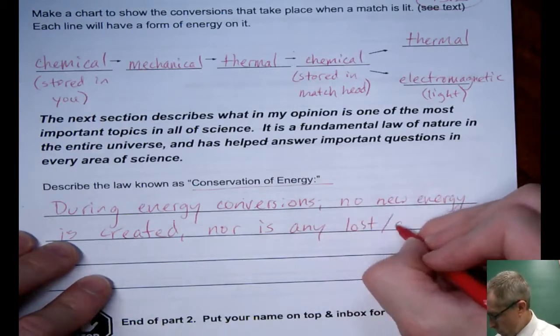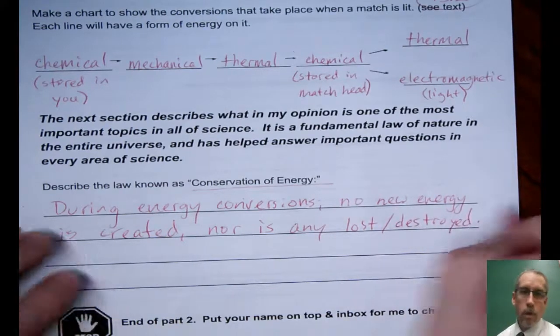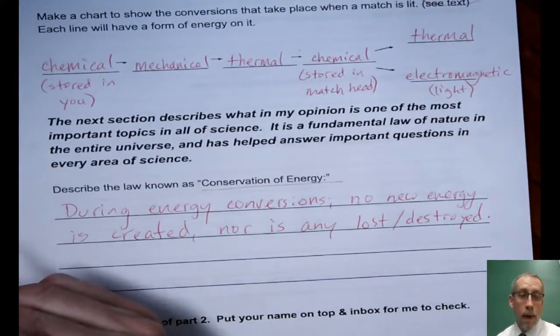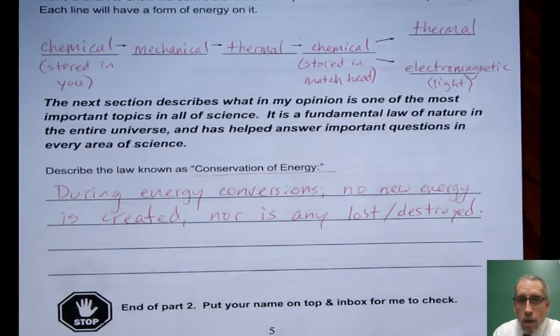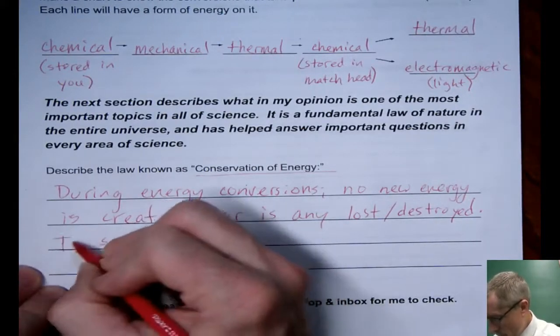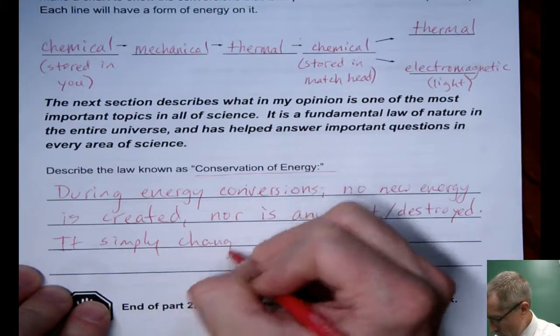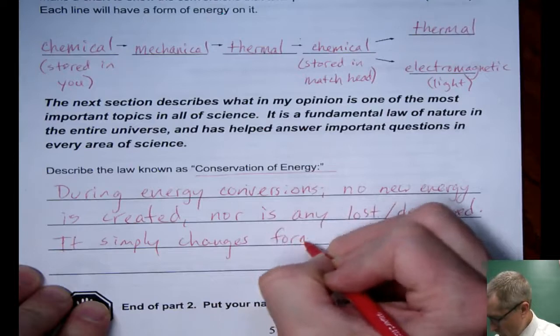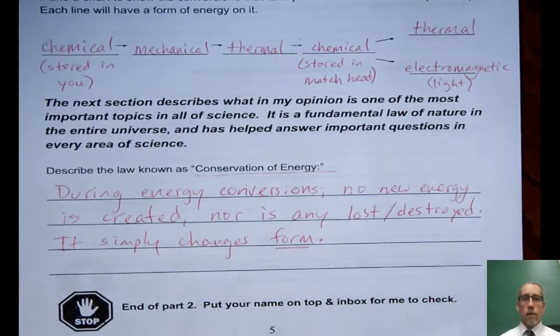Or you could say destroyed. Like, we don't get rid of energy. We might get rid of the chemical, perhaps, in the match head. You look and say, oh, it's gone. But the energy associated with that chemical has been turned into something else. So you'd say it simply changes form.